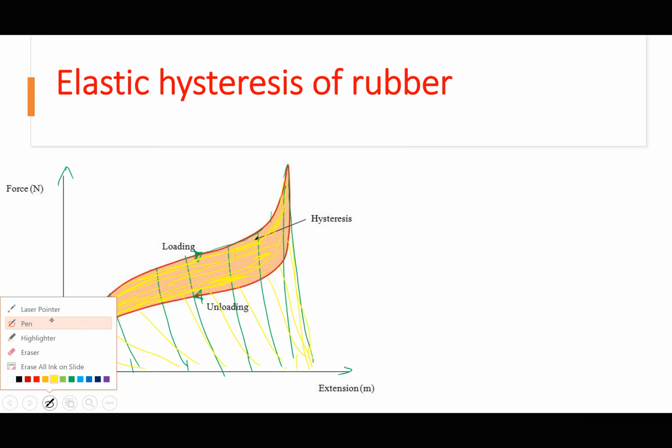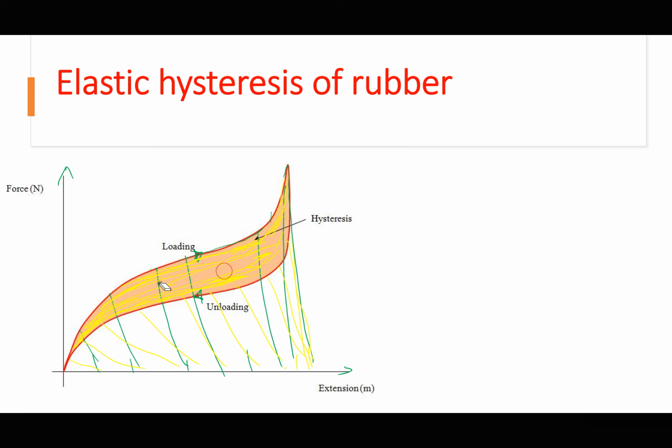And by the way, this is the work which would make rubber very safe for use in other purposes, because it would reduce damage to a surface. If an object falls onto rubber material, then the damage would not be big, because not all the energy is returned. Not all the energy will be returned as kinetic energy.